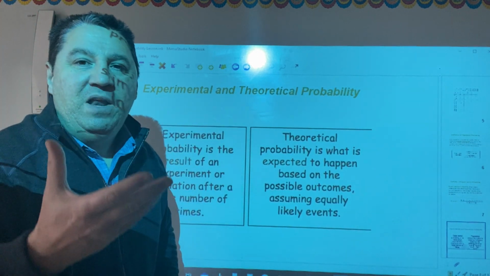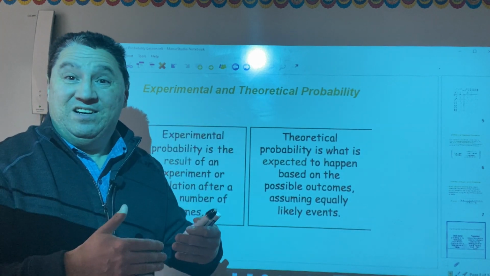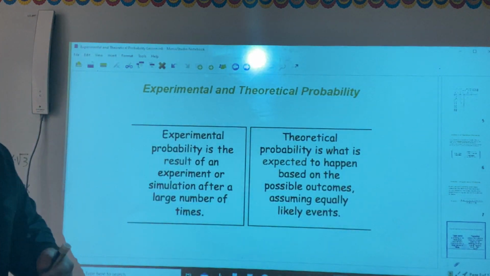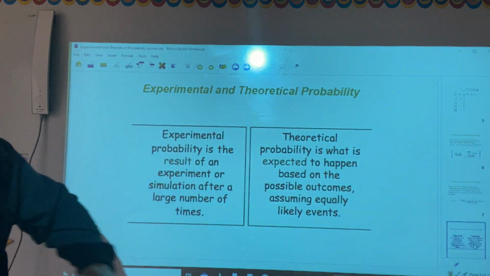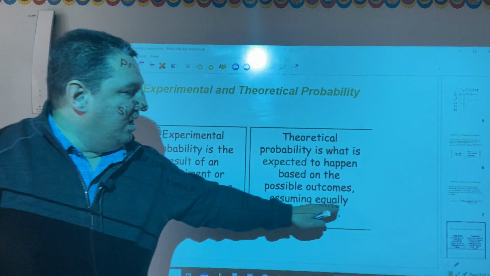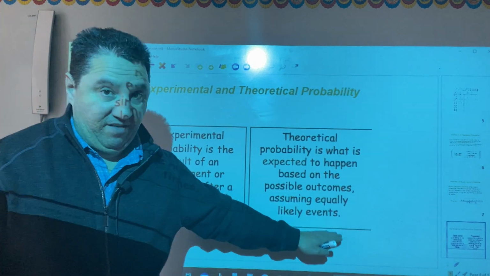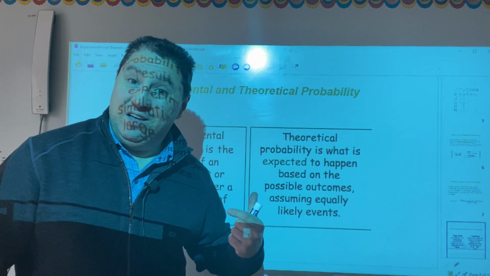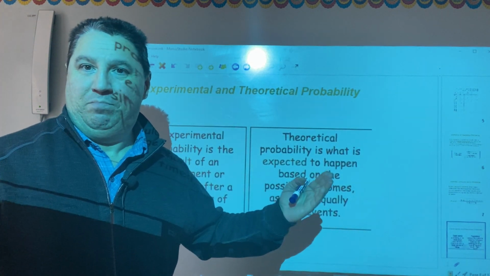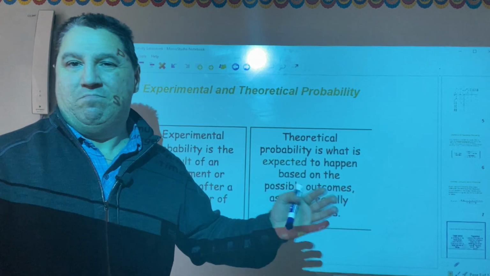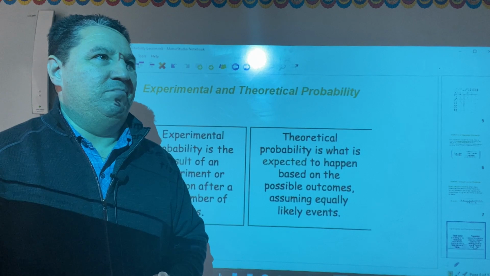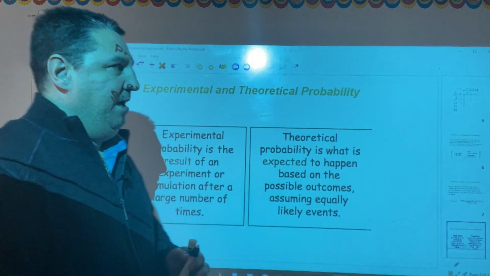It is the probability that happens in reality, while theoretical probability is what is expected to happen based on the possible outcomes, assuming they are equally likely. In reality, this situation never happens, or is less likely to happen.